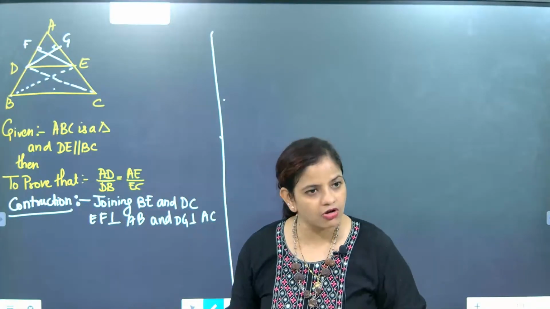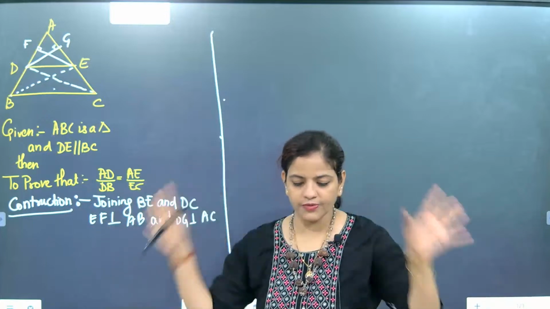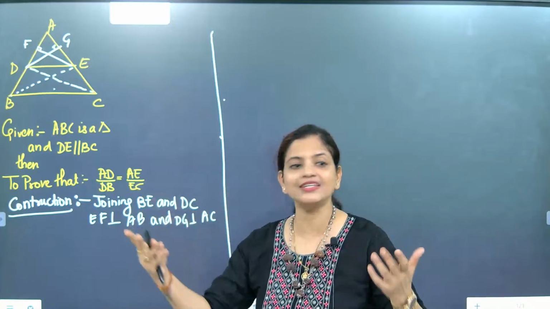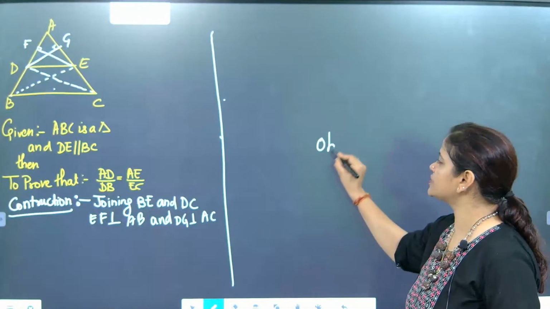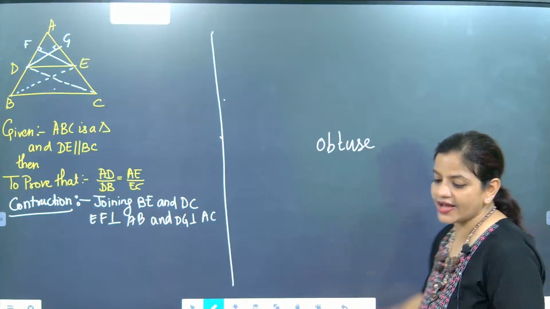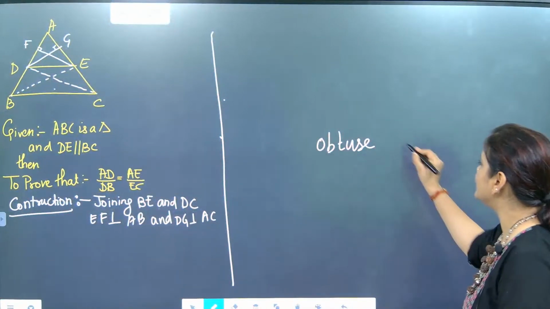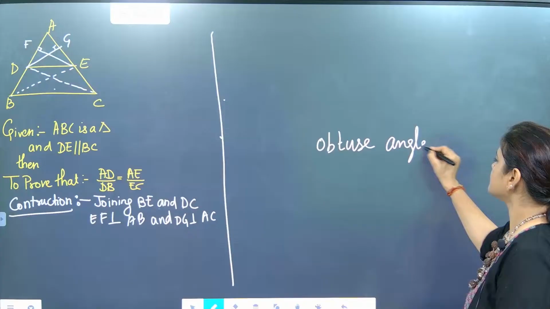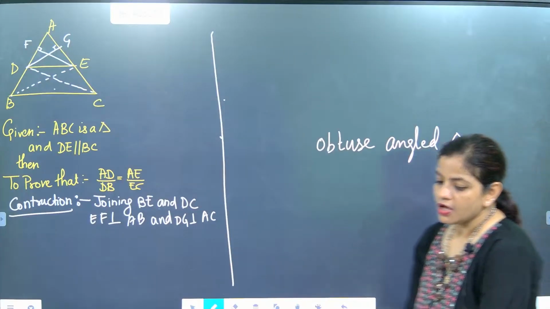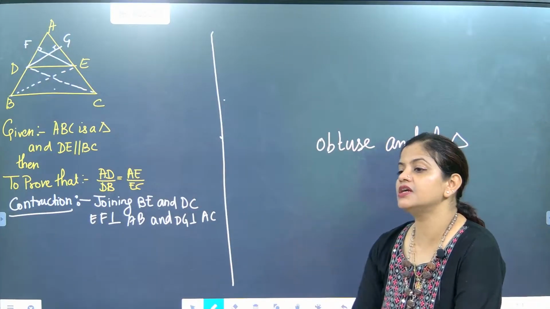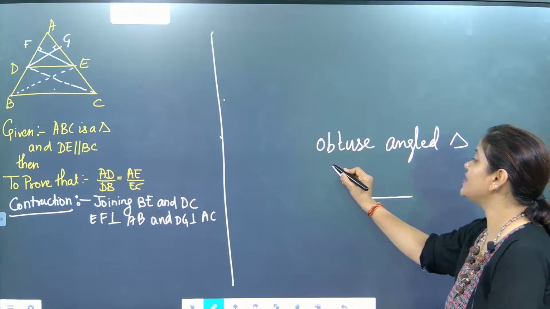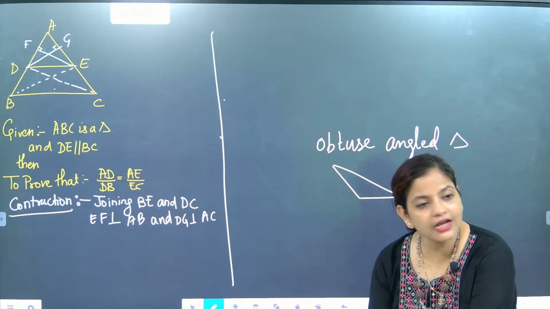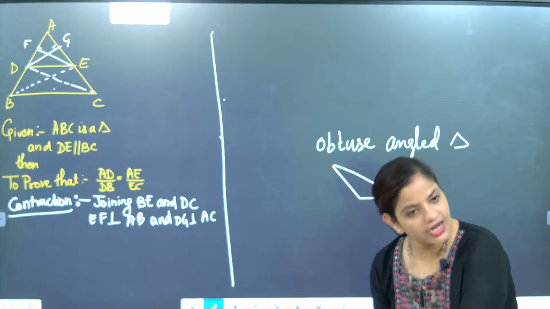For this theorem, we need to understand two concepts. First concept is the obtuse angled triangle. What is the meaning of obtuse angle triangle? It means one of the angles must be greater than 90 degrees.